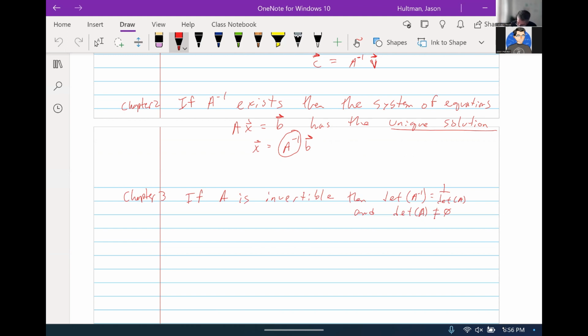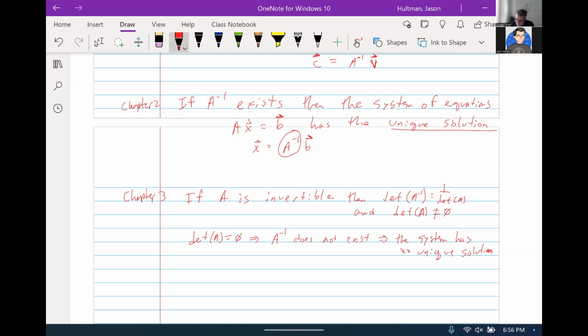That's the logic there: if the determinant of A is equal to 0, then A inverse does not exist, and therefore the system of equations has no unique solution. That's the logic that we follow.